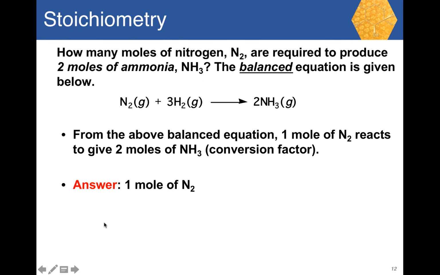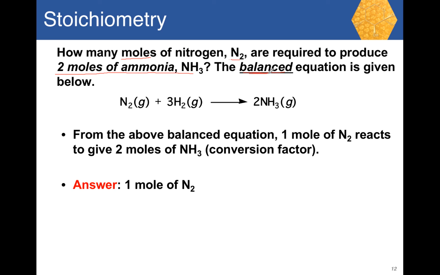Okay, let's apply that. Here's an application. How many moles of nitrogen are required to produce 2 moles of ammonia? What we need here is the balanced equation. Notice the keyword balanced equation. If it's not balanced, you will have to balance it.